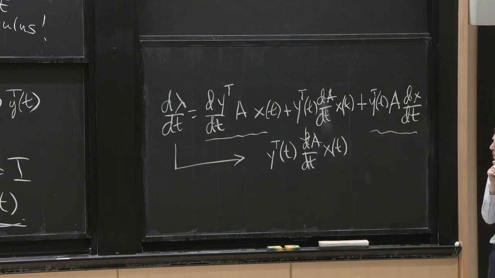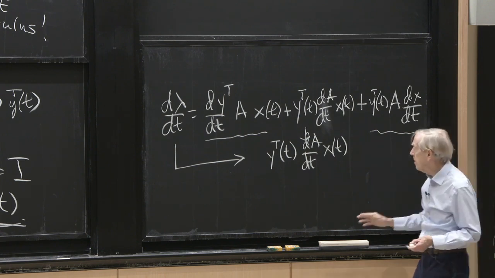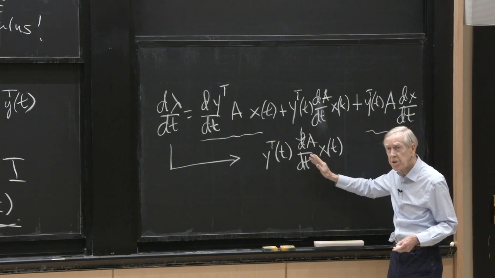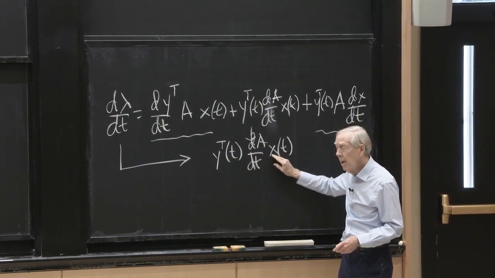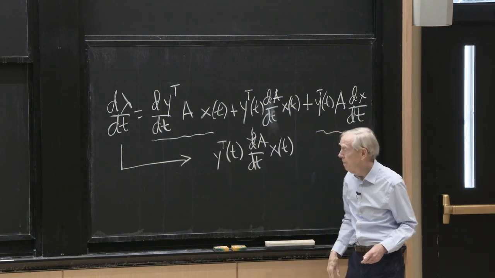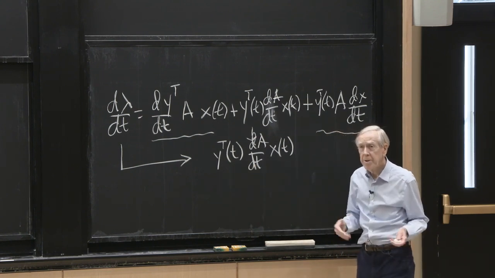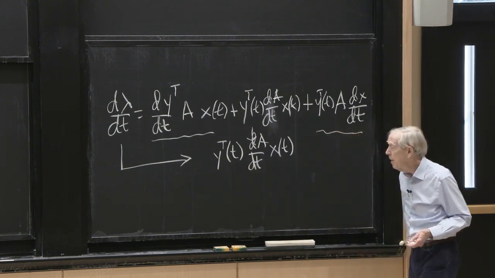That's a nice formula. So to find the derivative of an eigenvalue, you take the rate the matrix is changing, you multiply by the eigenvector and by the left eigenvector. It gives you a number, and that's the d lambda dt.